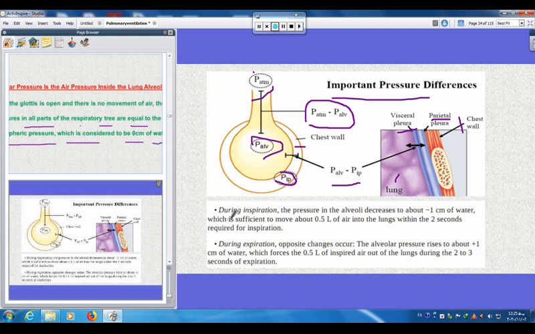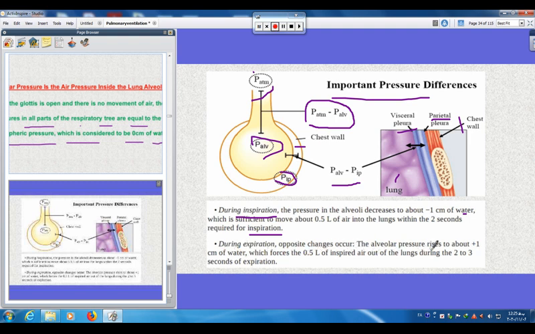Okay. During inspiration, the alveolar pressure falls to about -1 centimeter of water, which is sufficient to move about 0.5 liters of air into the lungs within the 2 seconds required for inspiration. During expiration, opposite changes occur.